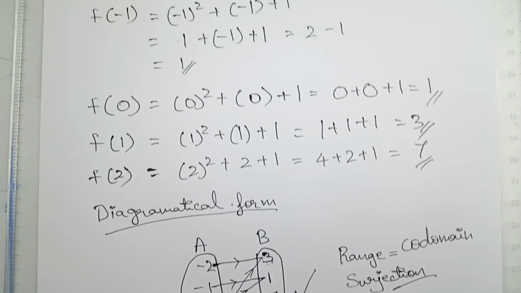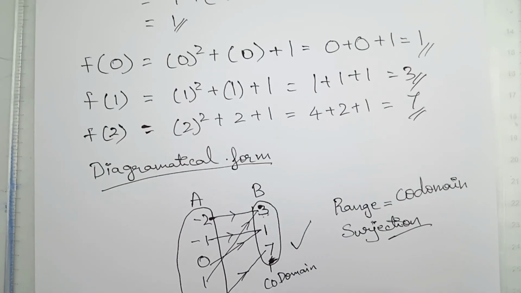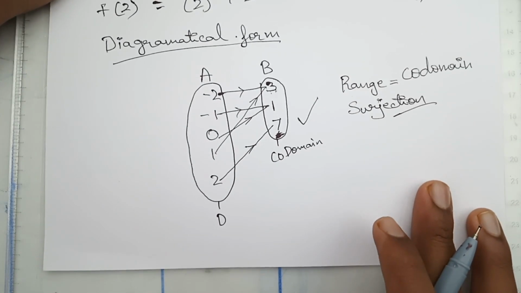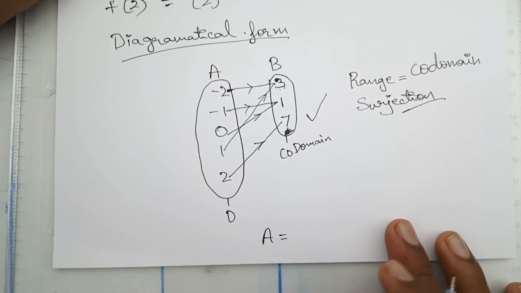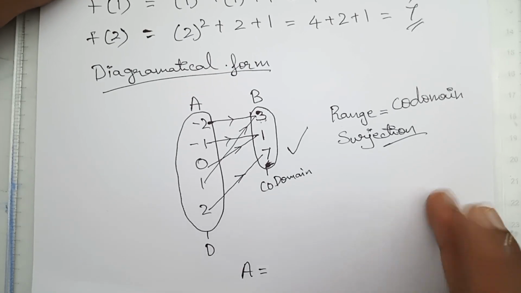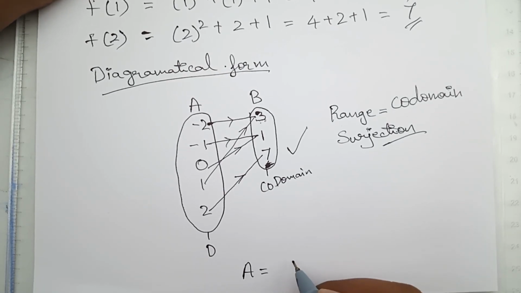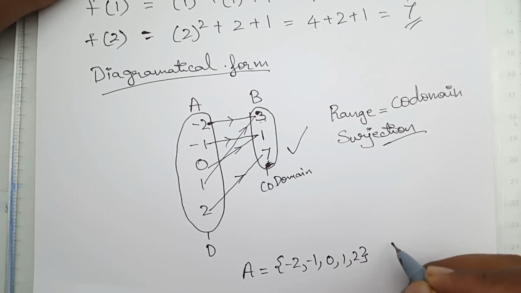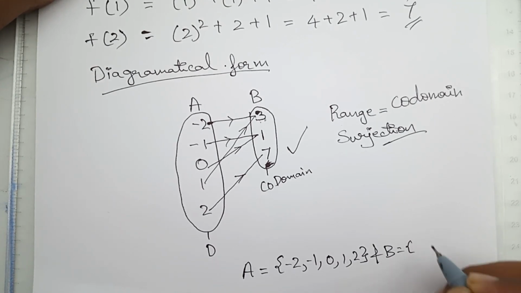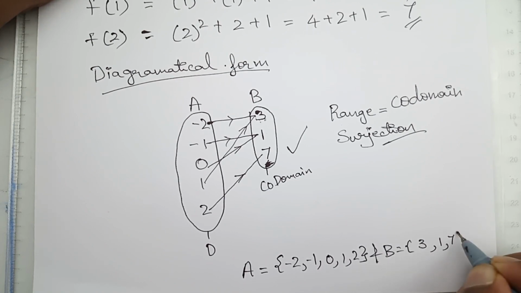So the actual answer without diagrammatical form we should write here as: A is equal to minus 2, minus 1, 0, 1, 2. But the actual answer B is equal to 3, 1, 7.